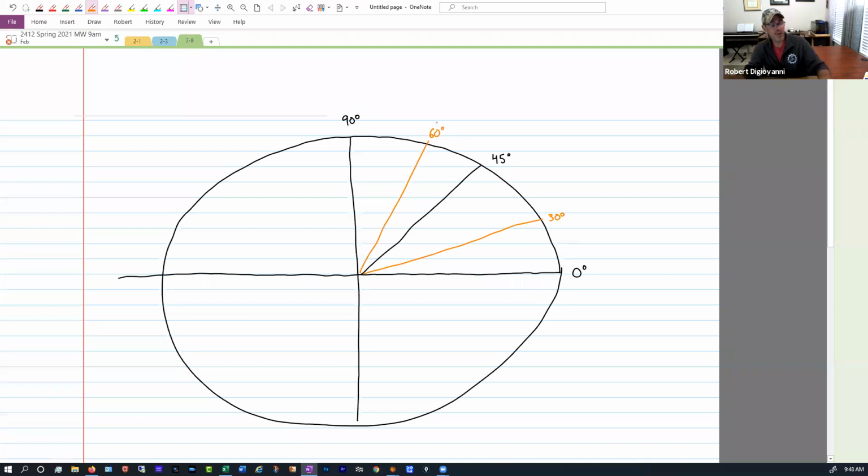All of those written in radians would be 0 radians, pi over 6, pi over 4, pi over 3, and pi over 2. We did that last class, and I showed you how you can use these to count your way around. I just want us to focus on the first quadrant right now. So these are our common angles.